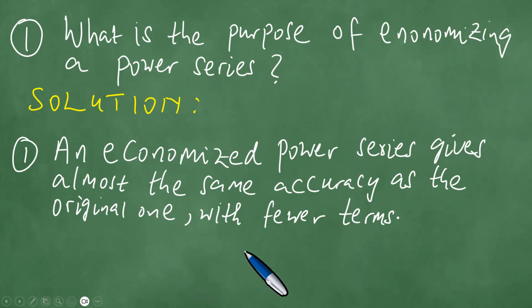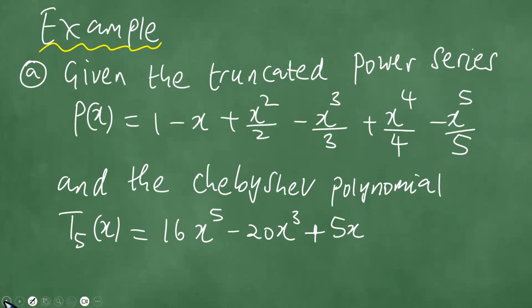So if you economize it, you're dealing with fewer terms, but you have the same accuracy, and that is the advantage of economizing a power series. Fewer terms, easy to manipulate than lots of terms, but with the same accuracy. How awesome is that? All right, it is so awesome. All right, so now that is the point.